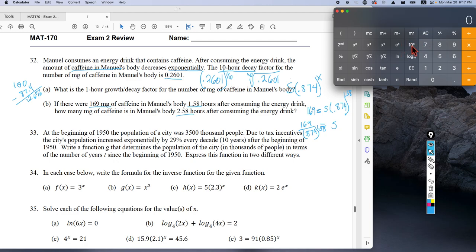Something's not working out. So let's calculate 0.874 raised to the 1.58 first, I guess. So now we should have 169 divided by 0.808.